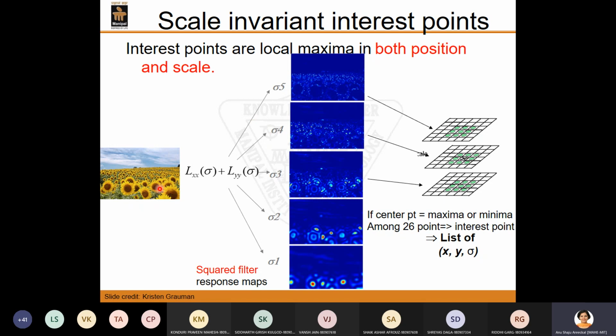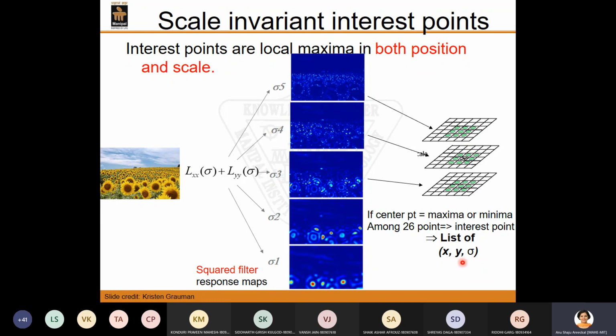Now, irrespective of the size of the blobs present in an image, by varying the LoG operator in different scales, we are able to identify blob-like structures. And the interest points we detect would lie in those regions where you have the blobs. So these key interest points are detected and saved in the form of x, y, and sigma.